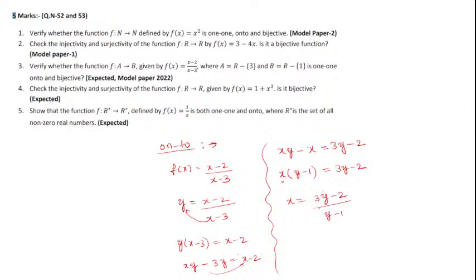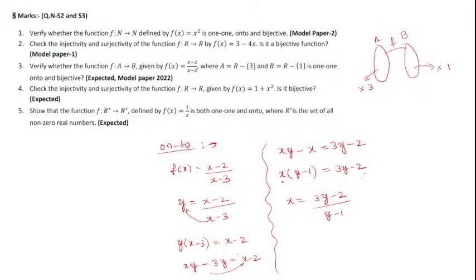So here what we have is two sets, set A and set B, where your function is defined, where A doesn't contain the element 3 and set B doesn't contain the element 1, except 3 and except 1. Why?